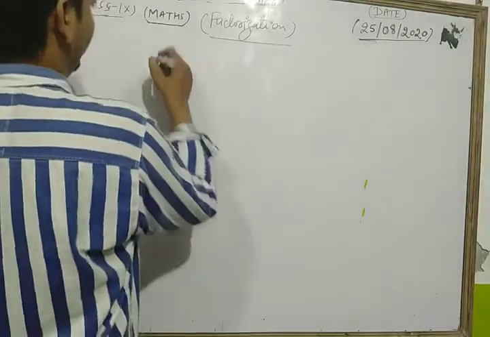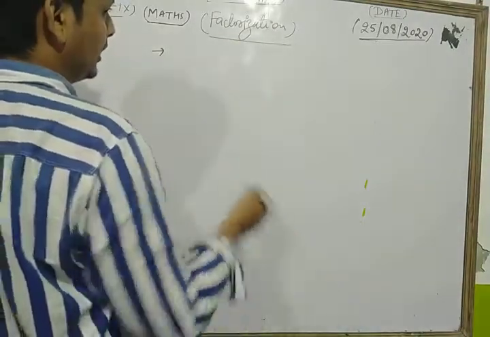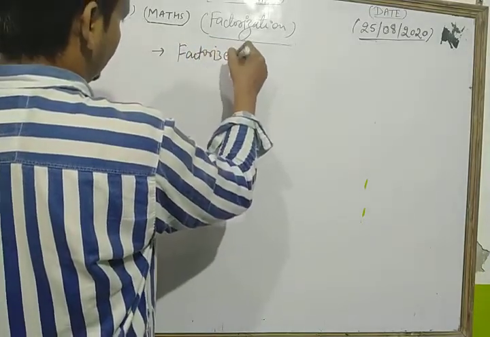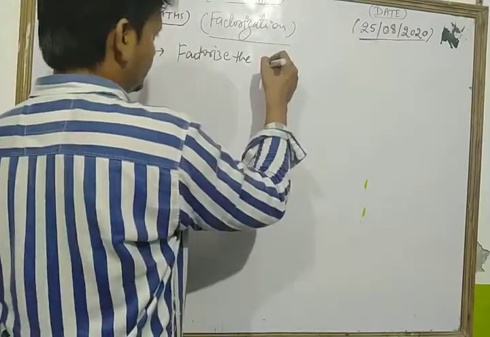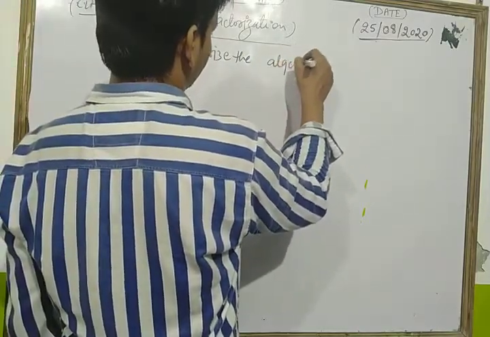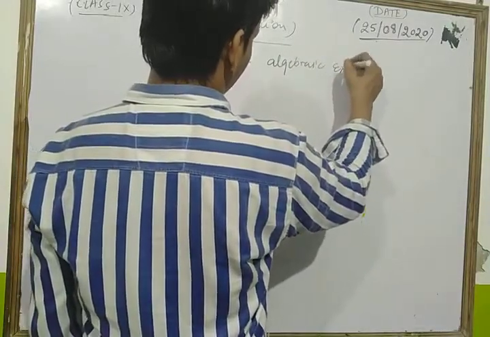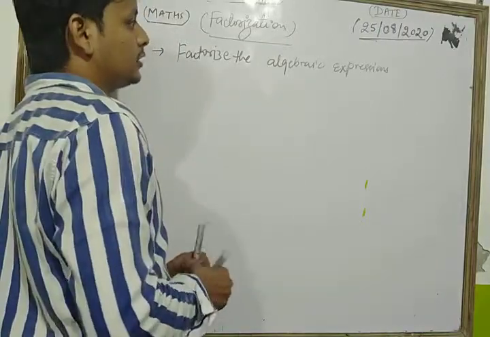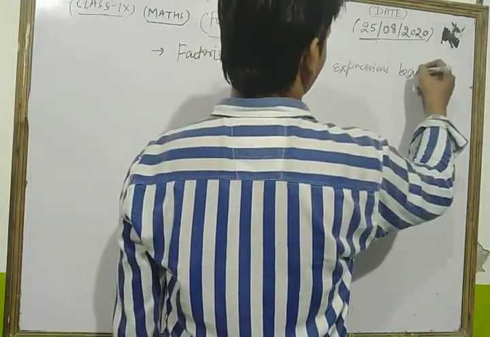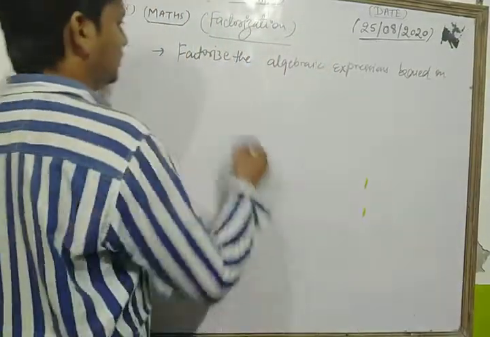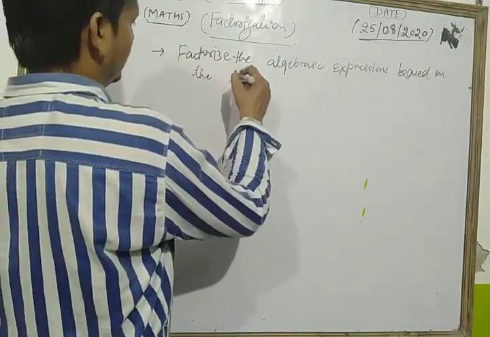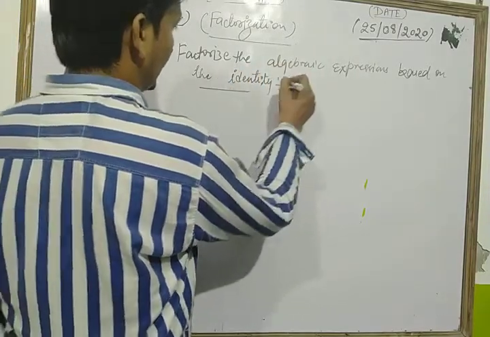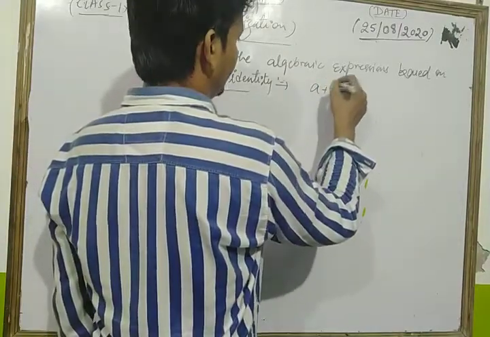Now we take the topic of factorizing algebraic expressions based on the identity. Which identity? A plus b whole cube.